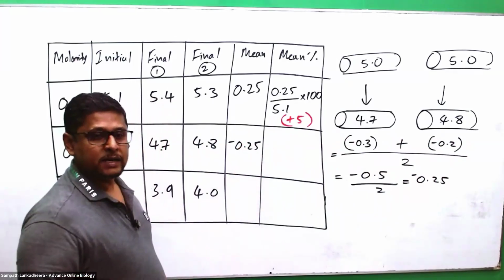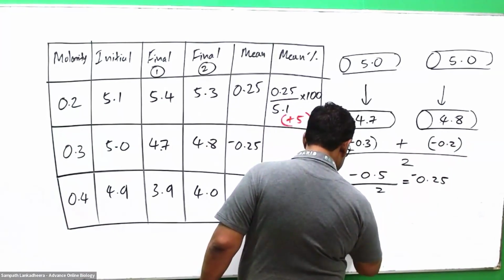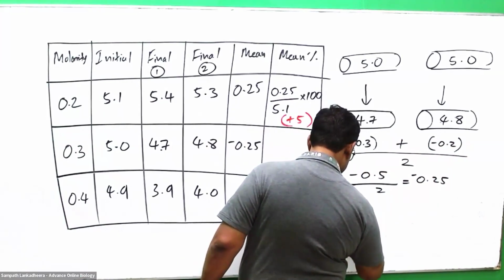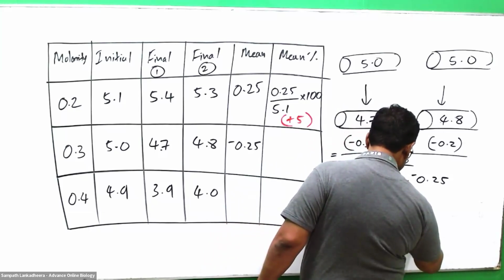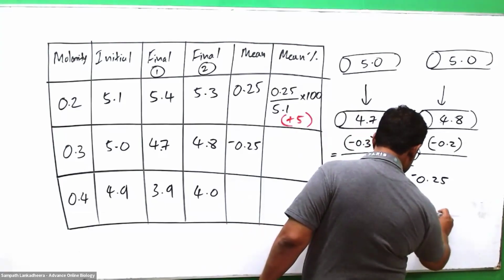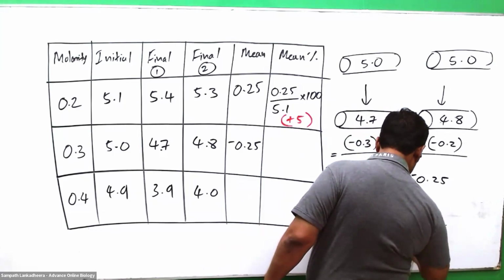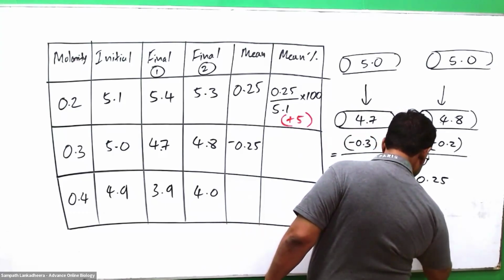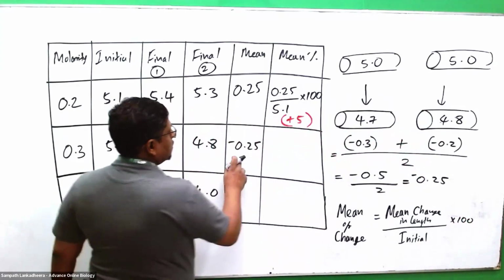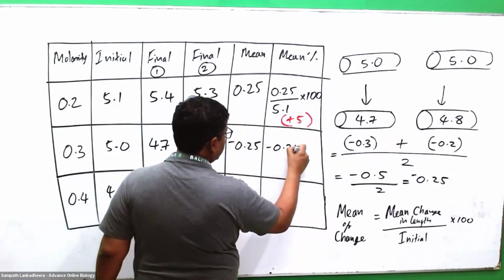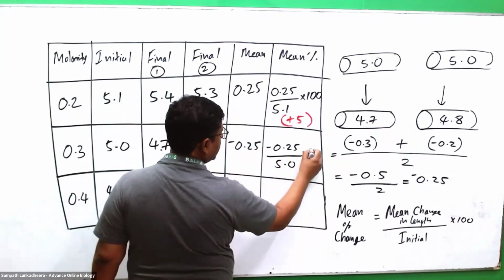So how do you find the mean percentage change in length? The equation is mean percentage change in length equals the mean change in length divided by initial, multiplied by 100. So minus 0.25 divided by 5.0, times 100.